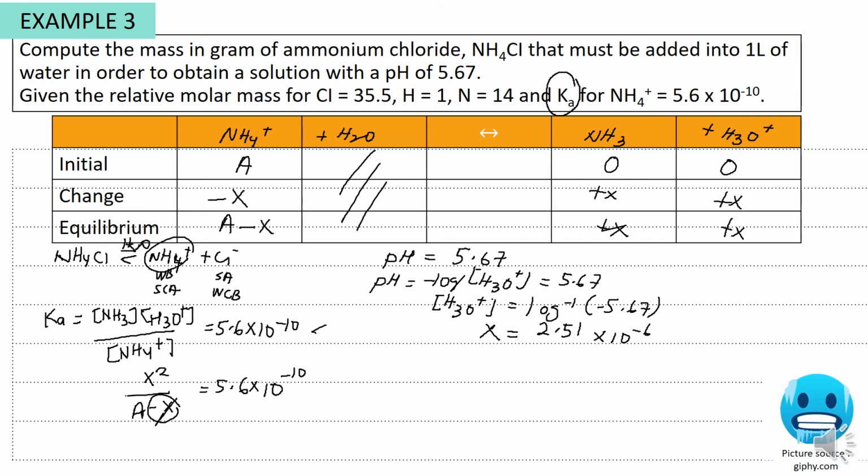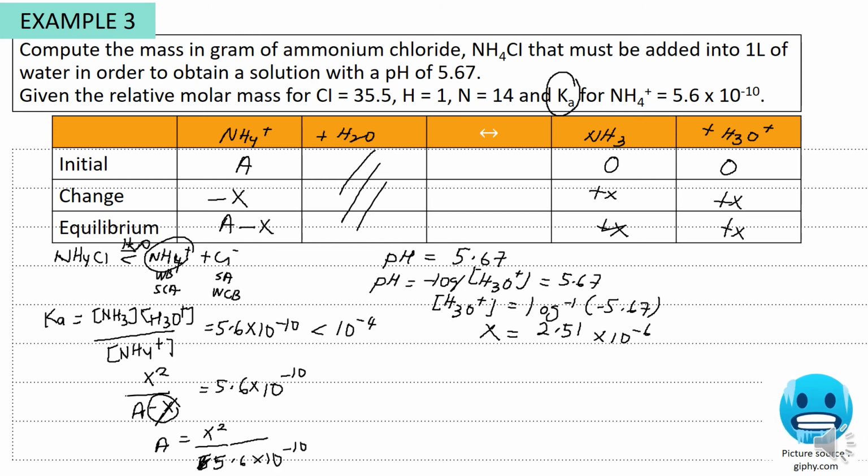So you can find the concentration, where A will be X squared divided by the Ka value, 5.6 times 10 to the power of negative 10, where X is 2.5 times 10 to the power of negative 6.